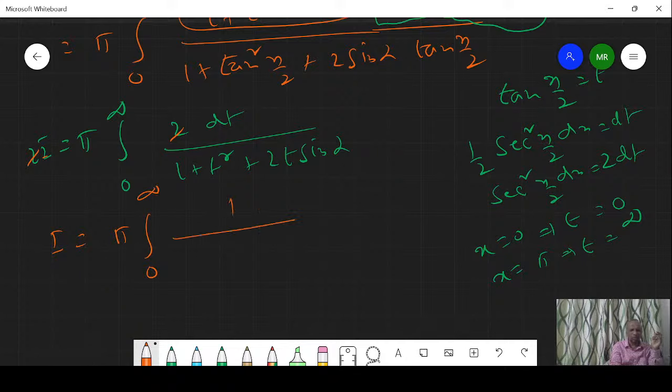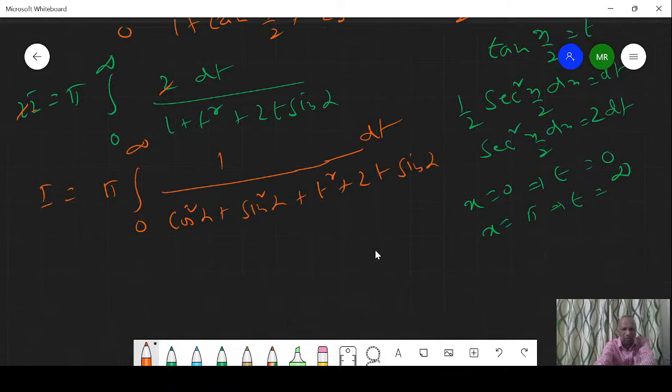You observe here 1 plus t square plus 2t sin alpha. What I will do now, for convenience, is write 1 as cos square alpha plus sin square alpha. So we get cos square alpha plus sin square alpha plus t square plus 2t sin alpha, dt. Only in the place of 1, take cos square alpha plus sin square alpha.